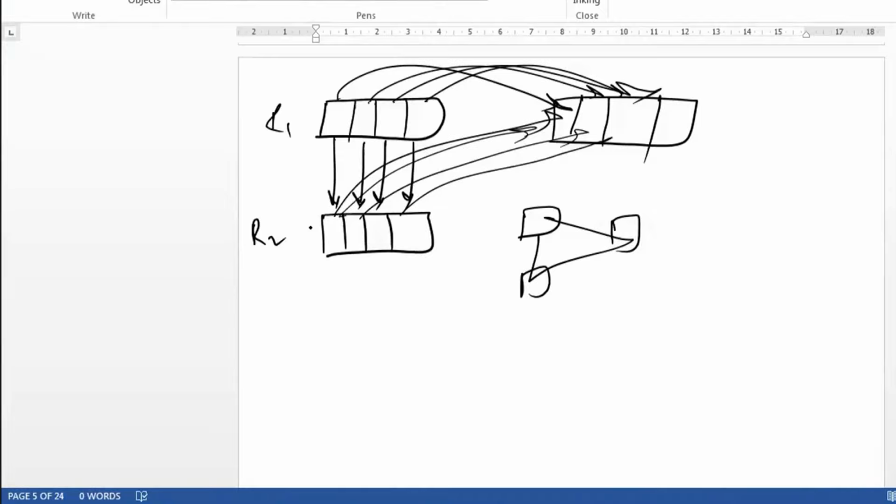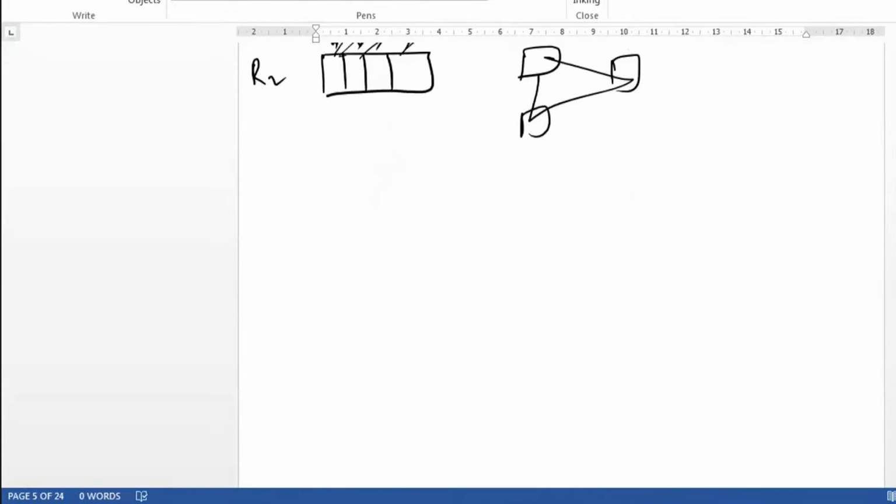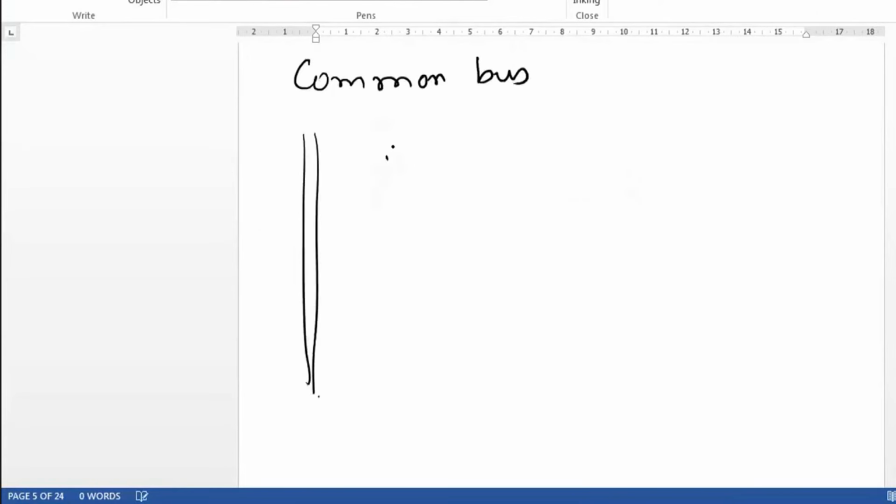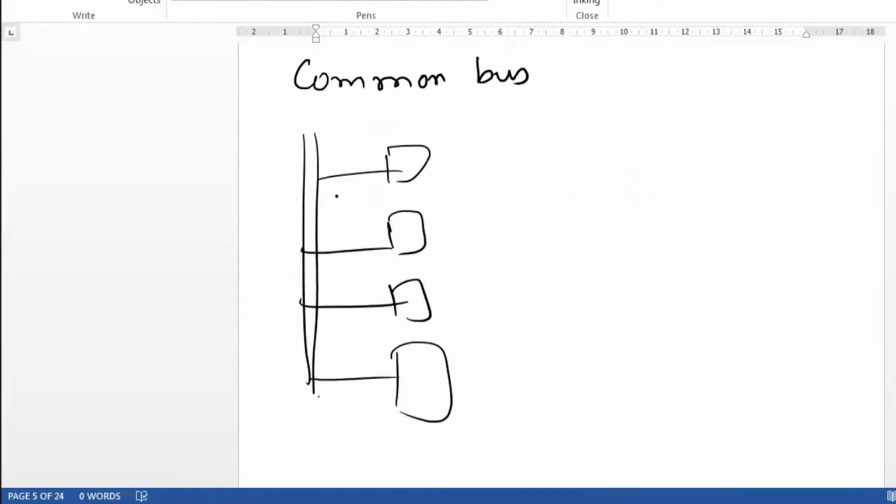So what shall I do? We'll be using a common bus for data transfer. Suppose this is a common bus. All my registers are connected to this bus only. मेरे पास जितने भी registers हैं, all my registers are connected to this common bus.